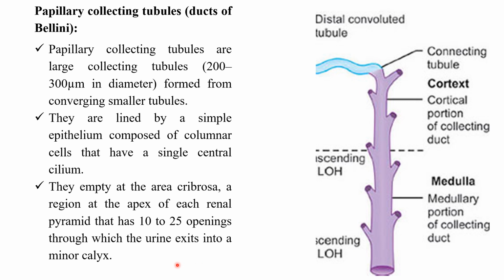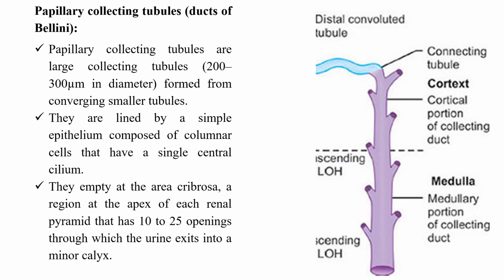This region is called the duct of Bellini, or papillary collecting tubules. Once they collect the urine from all these smaller tubules, they empty it into the area cribrosa of the kidney, which is nothing but the apex of each renal pyramid.